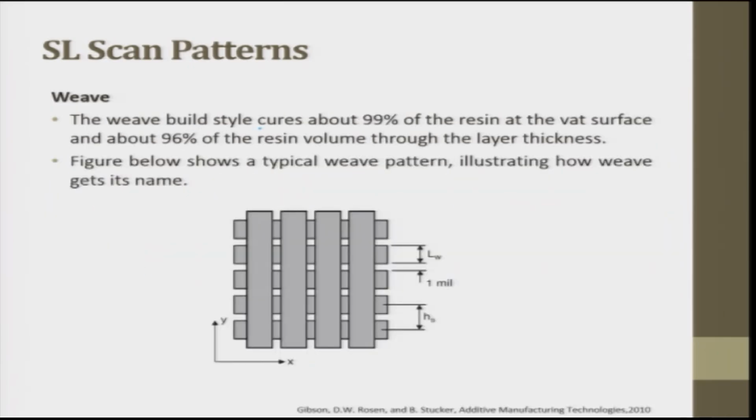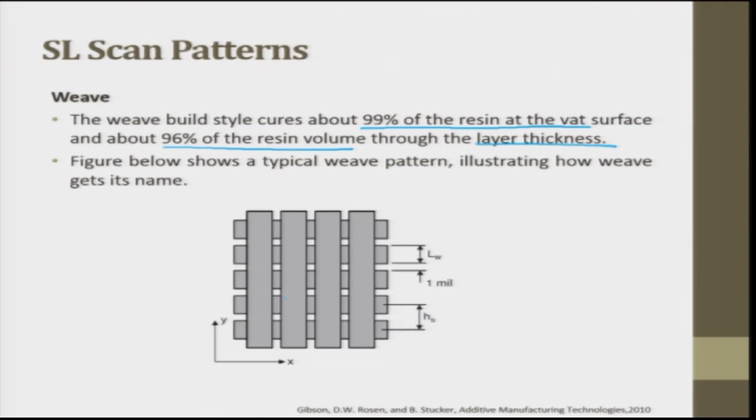The weave build style cures about 99% of the resin at the vat surface and about 96% of the resin volume through the layer thickness. So the build style cures about 99% of the resin at the top surface, and about 96% of the resin volume through the layer thickness.